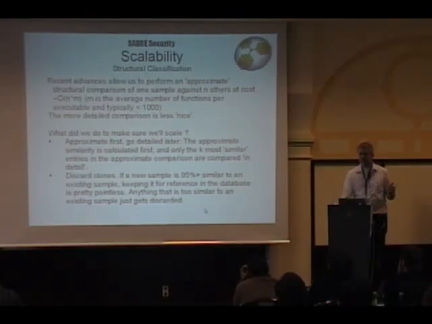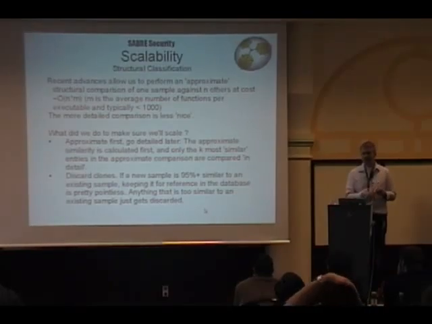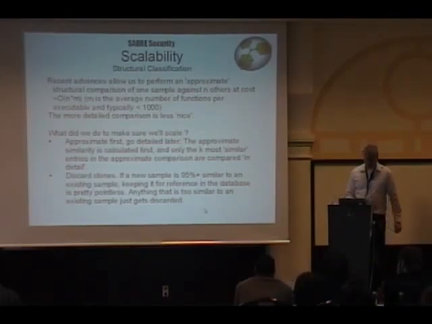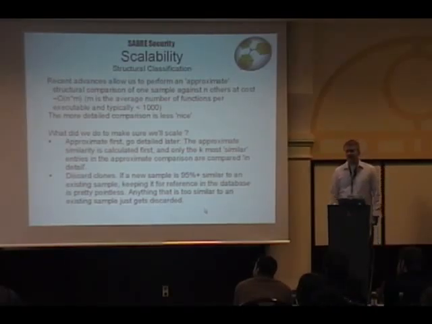That is a very approximate version of the algorithm. We then, after running an approximate version of the algorithm, run a more detailed analysis on those samples that were deemed interesting by the first run. So we really have a very approximate similarity, and then we take the most similar ones and run a detailed analysis. And the other way of making this thing perform better is discarding clones.